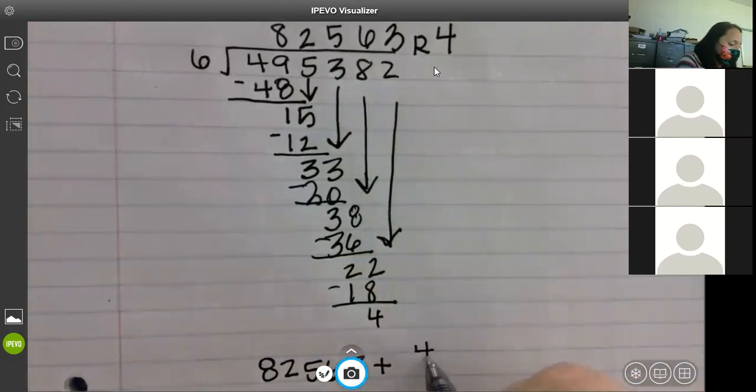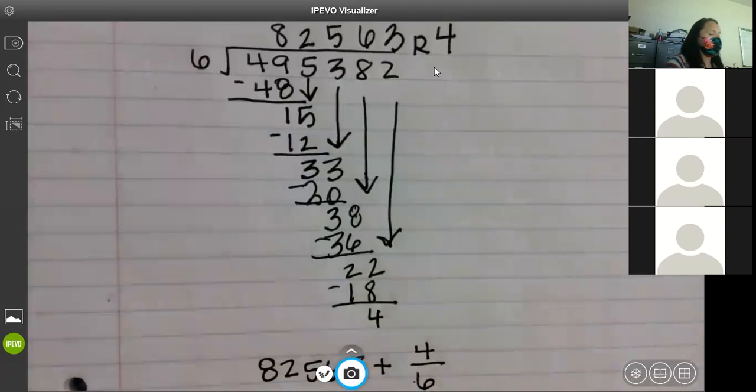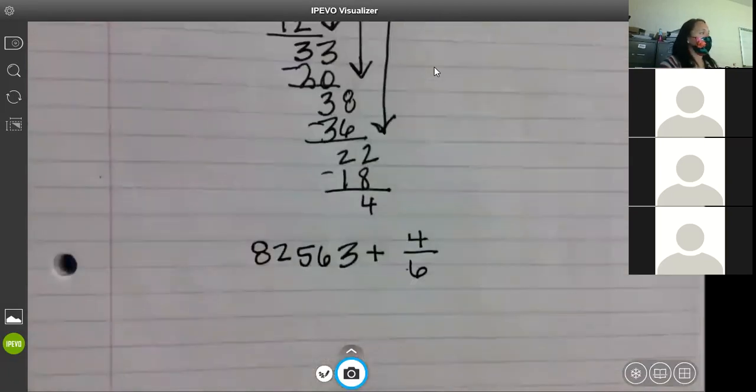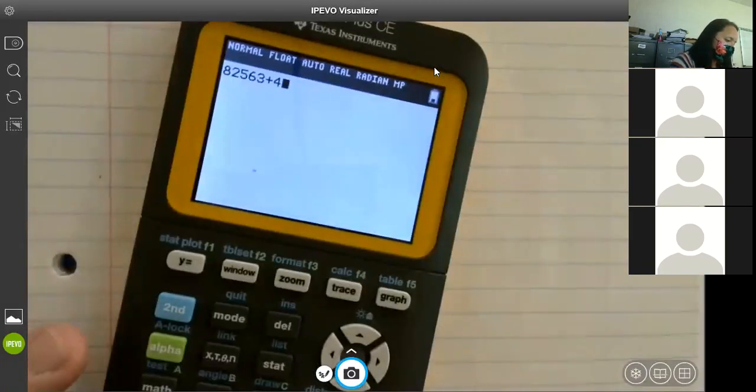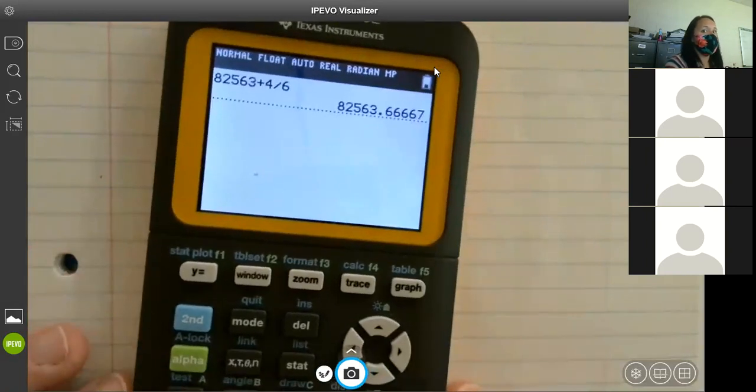Your remainder was 4, and you were dividing by 6. Now look at this. I know that that's not reduced. Just leave it alone for a minute. 82,563 plus 4/6 gives me this decimal, 0.666. Everybody see that? You okay with that?